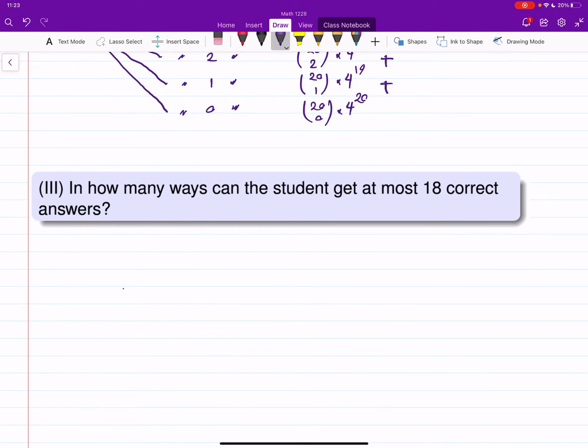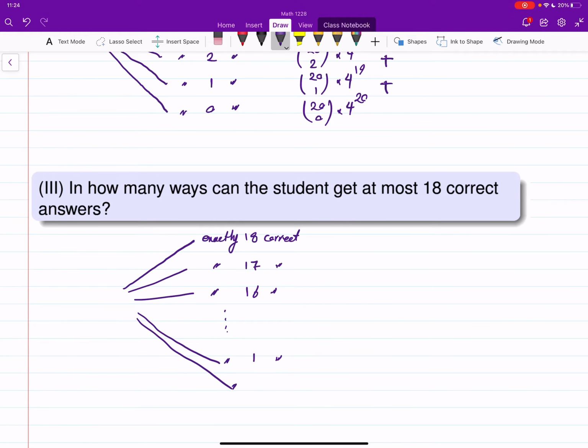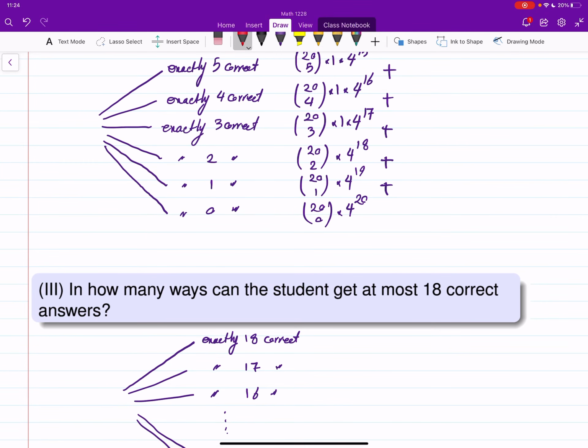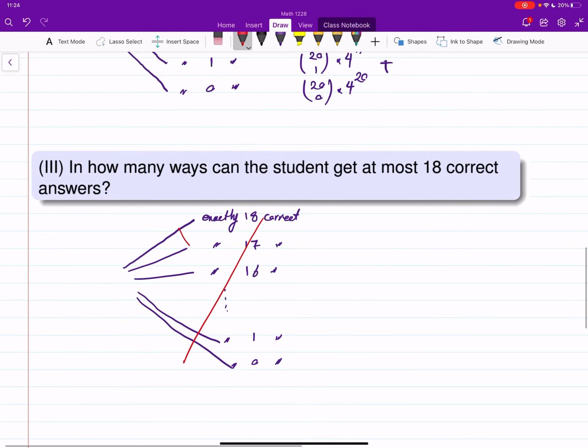So if we want to do what we did before, we have to do exactly 18 correct, then exactly 17 correct, exactly 16 correct, and continue up to exactly 1 correct and exactly 0 correct. But this is a huge work to do. Already for 5 you saw how big that was. Instead of this, we use the complement trick.